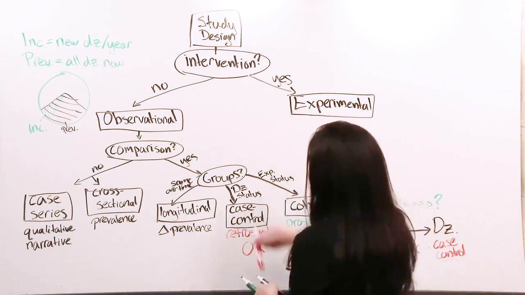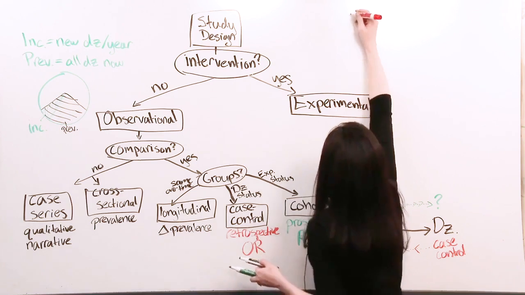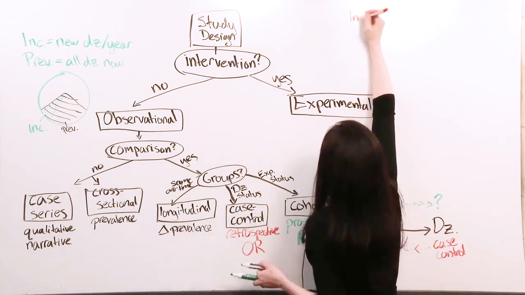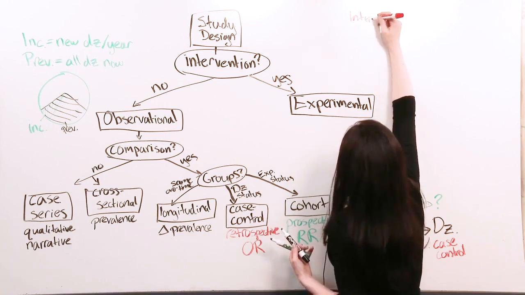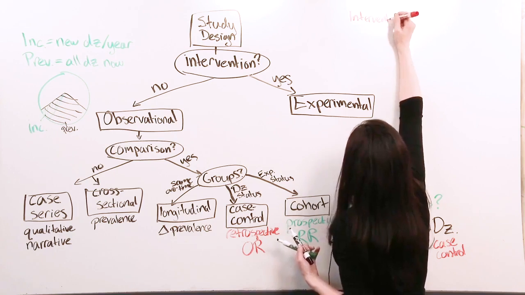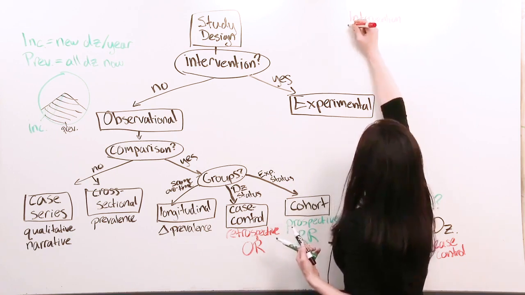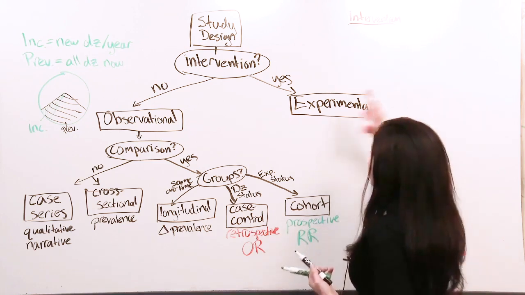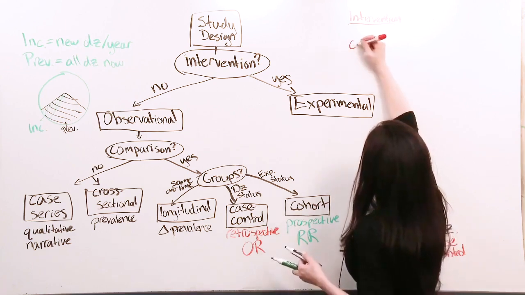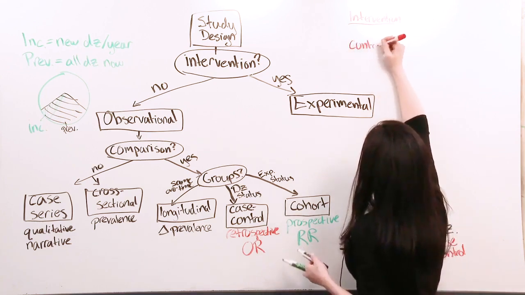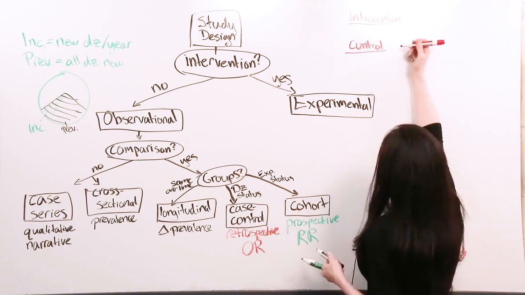And just remember that an intervention is something that a researcher gives to people in the experiment. If you want to have a good experiment, you need to also have something called a control group. And this is to make comparisons.